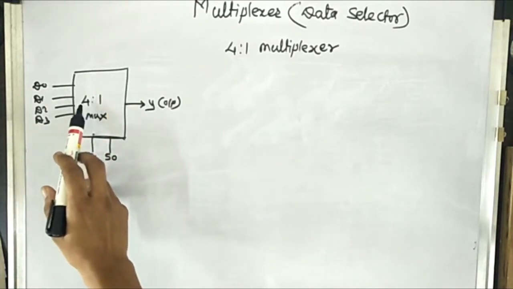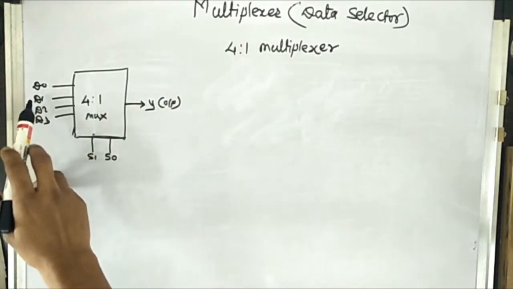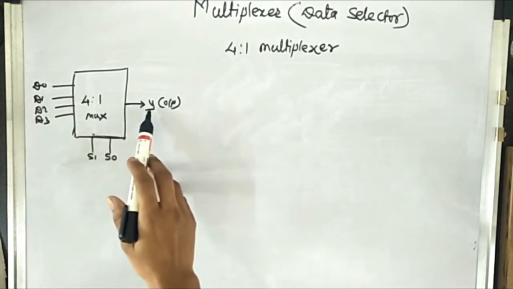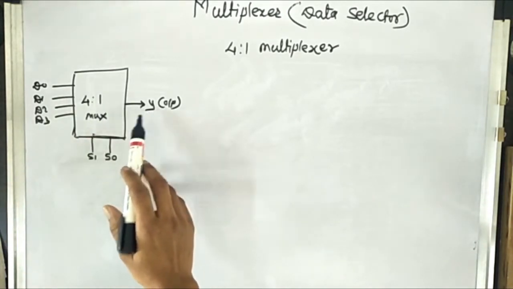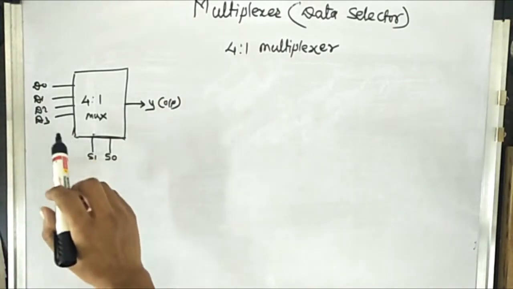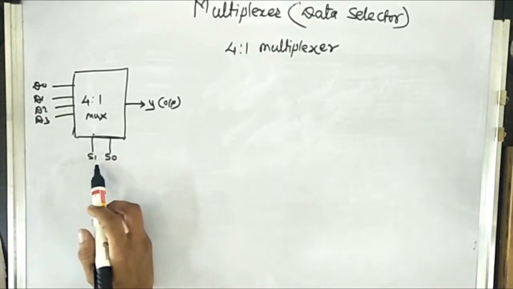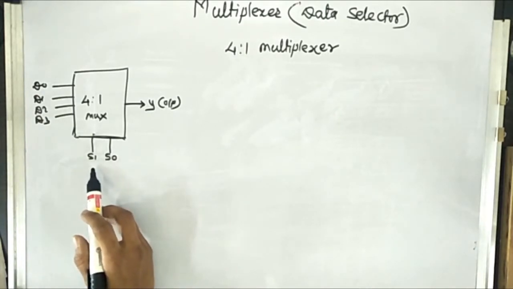Here the 4:1 multiplexer block diagram is given. 4:1 means it has 4 inputs D0, D1, D2 and D3, and 1 means it has 1 output Y. To select one input out of these 4 inputs, we have two select lines S0 and S1.